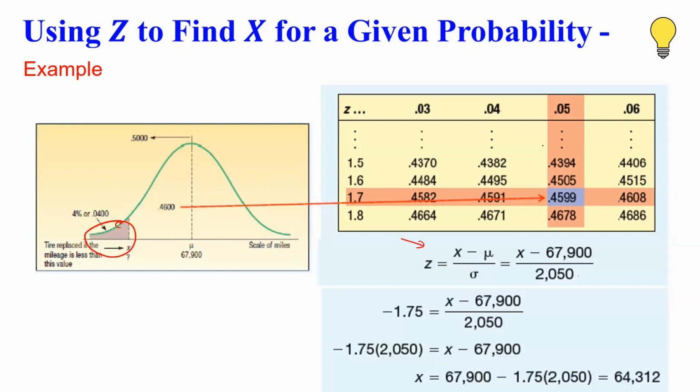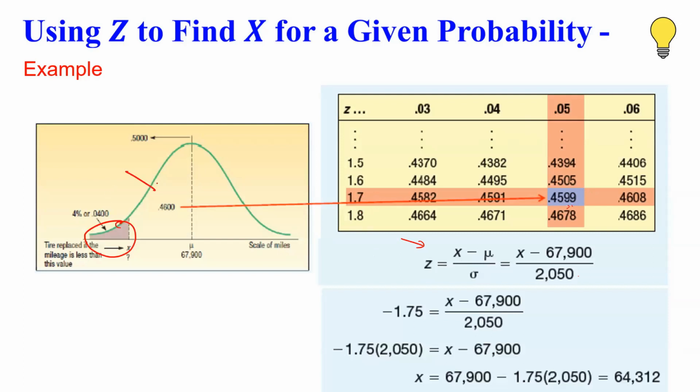You refer to the table that we have. The closest value to 0.46 is 0.4599, so you take the corresponding value, which is 1.7 plus 0.05. We add them together and get 1.75.